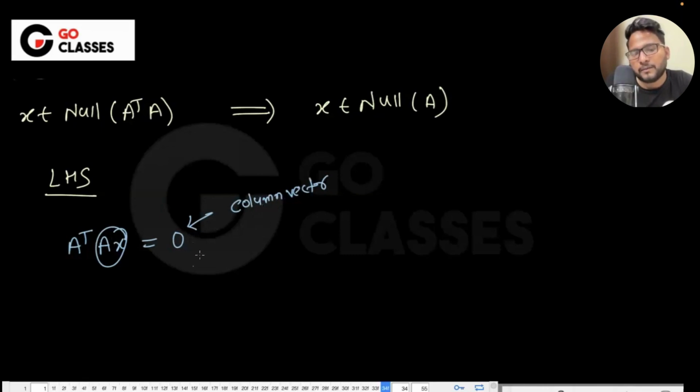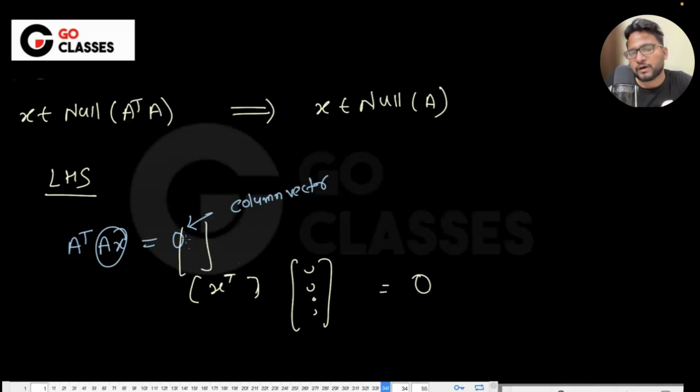Now, if you multiply this column vector of zeros by a row vector, whatever the row vector is, then you will be getting a scalar. Zero is a scalar. I'm not writing it, but ultimately this is a column vector, and if you multiply with some row vector, x transpose for example, then it will be a zero, which is a scalar. Okay.